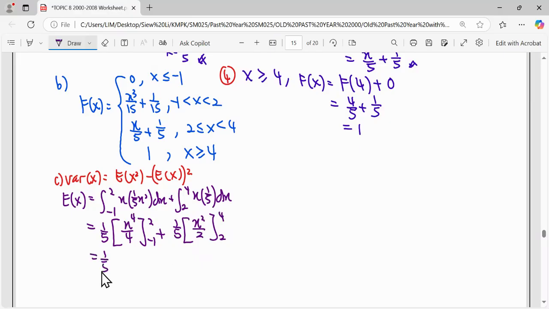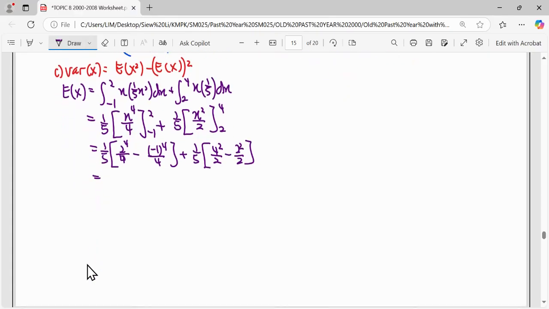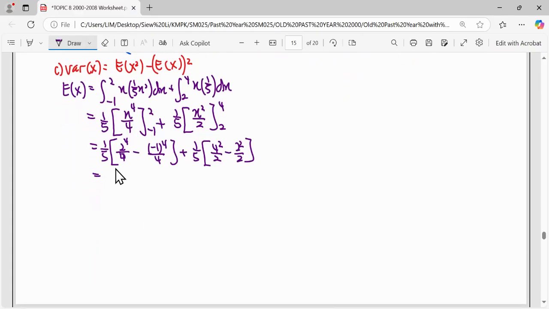And we substitute the upper limit minus the lower limit. So here they can give us 39 over 20. And we continue for EX squared.